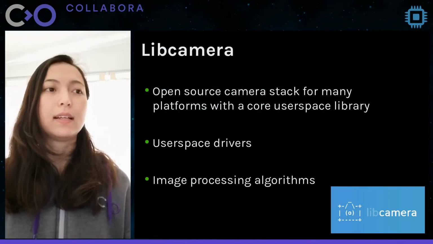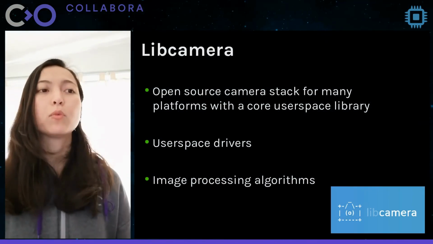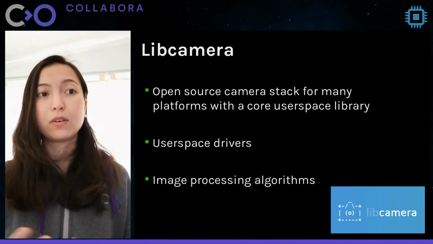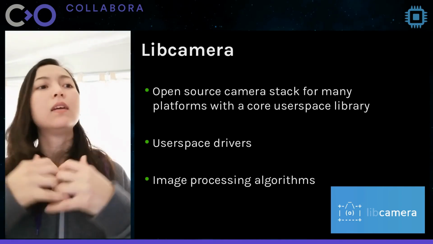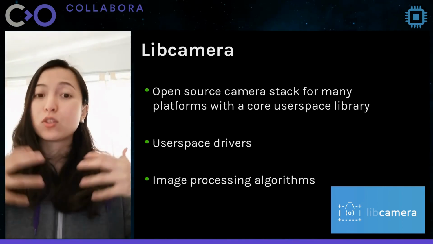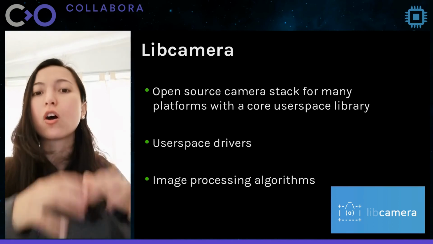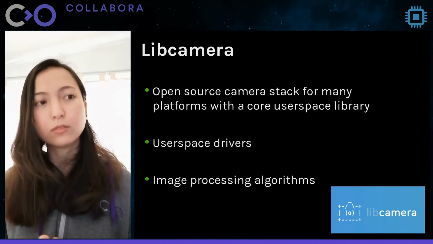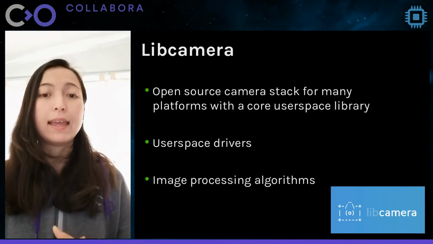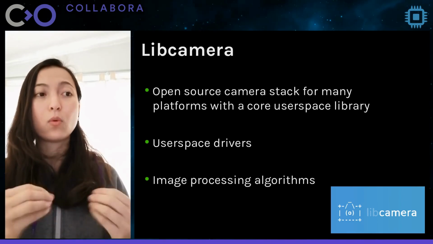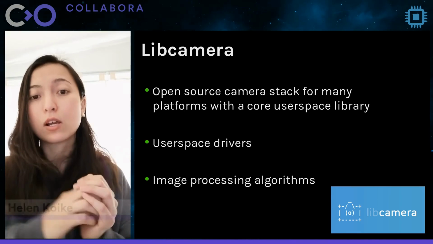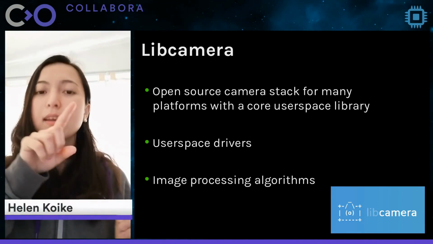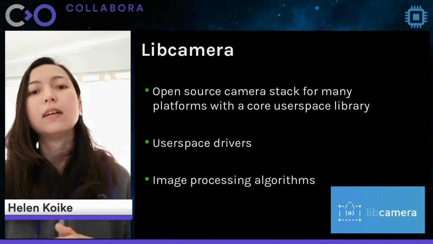That's where libcamera comes in. So libcamera is an open source camera stack for many platforms with a core userspace library. It has userspace drivers that have the knowledge of those specific drivers in the kernel. And it also has ways for image processing algorithms that know how to deal with the parameters and statistics.